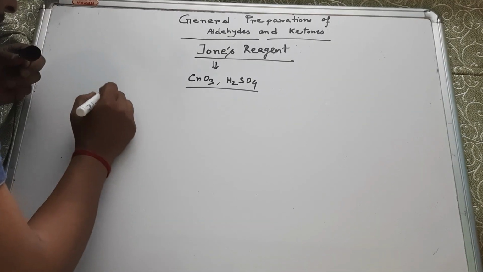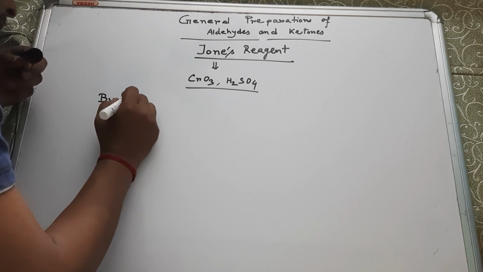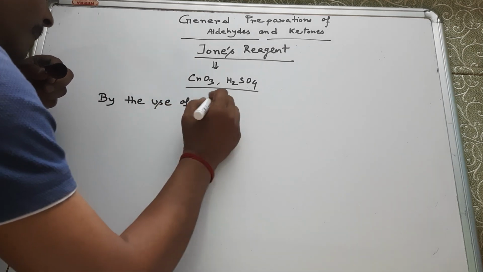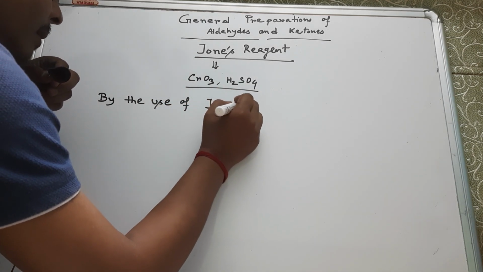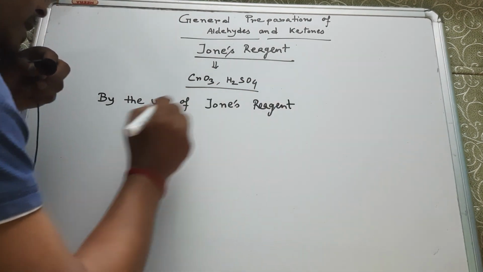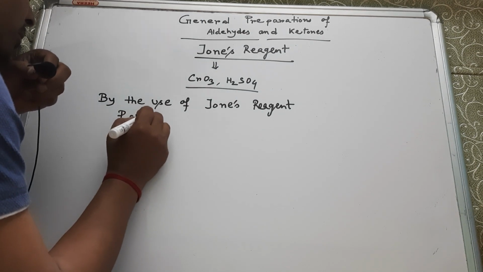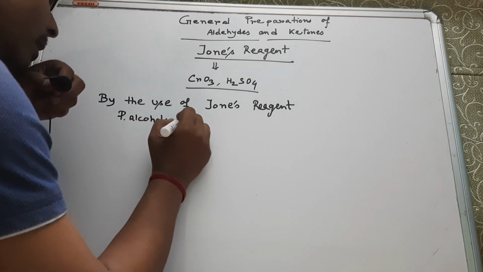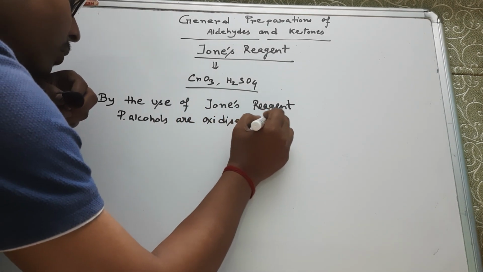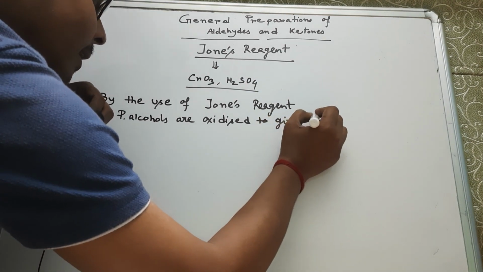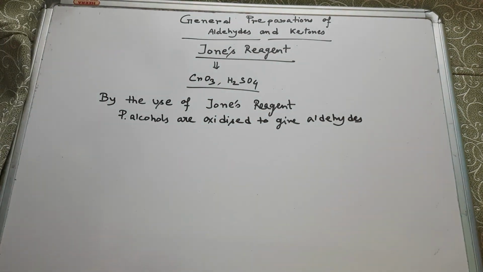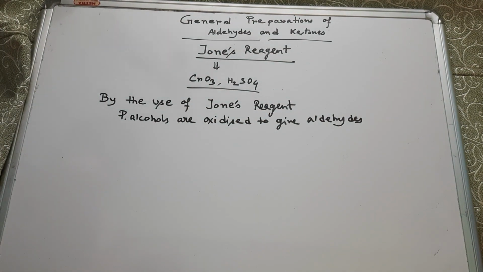By the use of Jones reagent, primary alcohols are oxidized to give aldehydes. Here only primary alcohol can be oxidized.